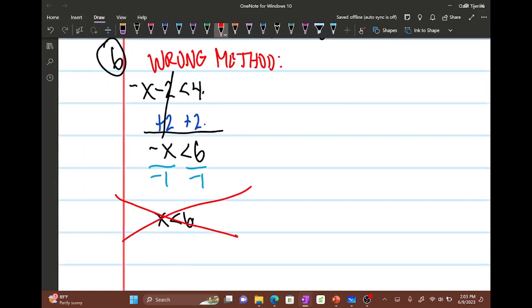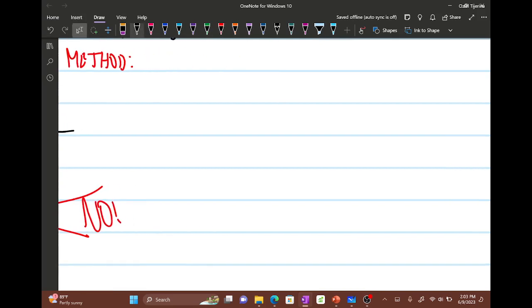This is not correct, because when we do, for example, negative x is less than a, then this means that basically we divide by negative 1.